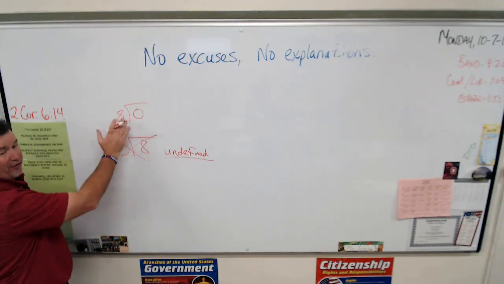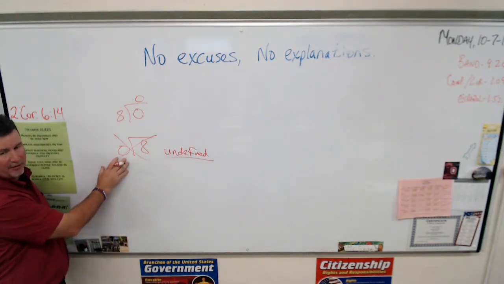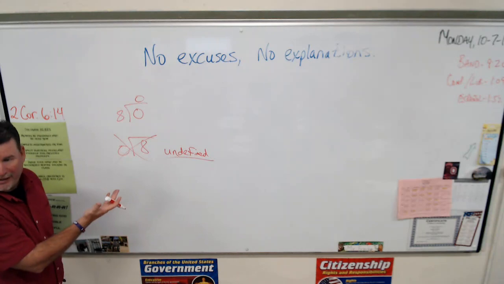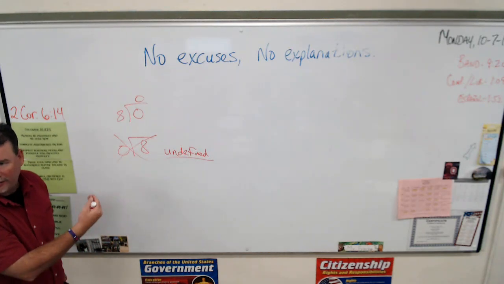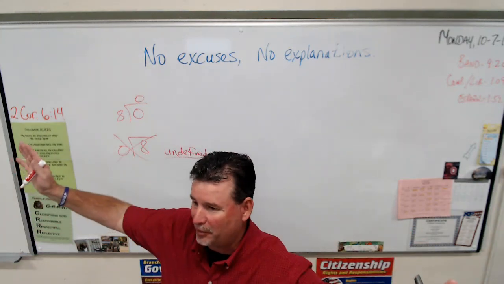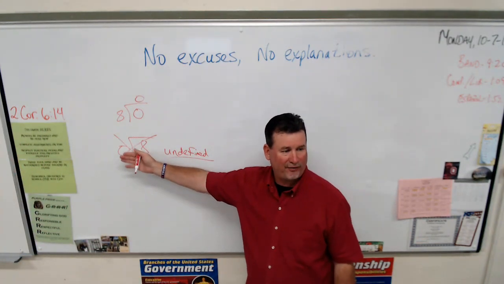But if it's 0 divided by 8, the answer is 0. This is mathematically supposedly impossible. Why they just don't say that? I don't know. They call it undefined. Like maybe it's beyond our capacity to understand. But the fact is, you cannot divide by 0.